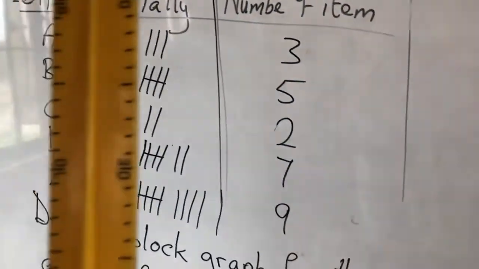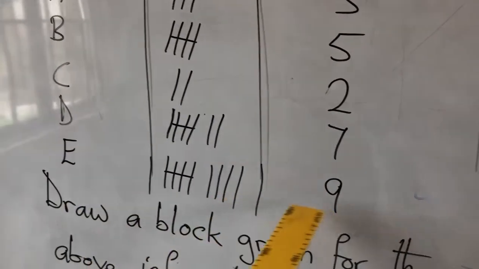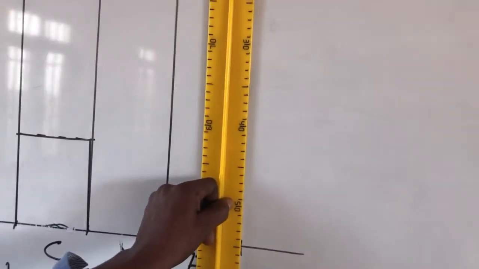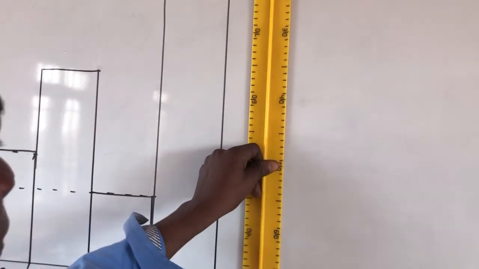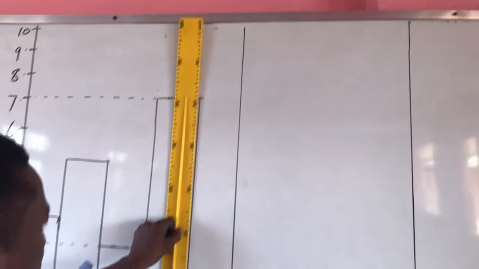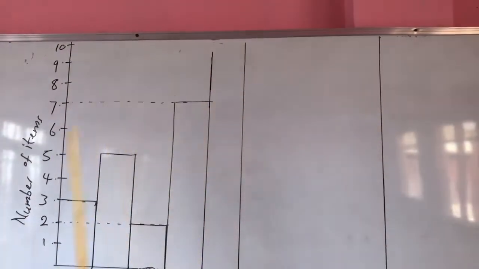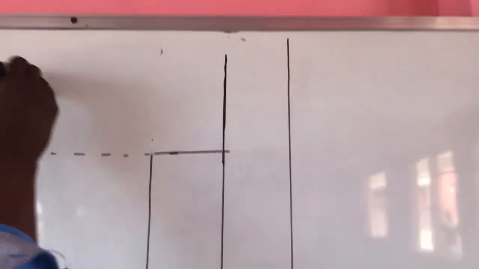The next one is 9. The last one is 9. E, 9. Let's continue. You draw your 9. Trace your 9.